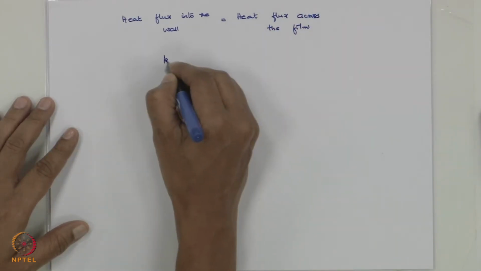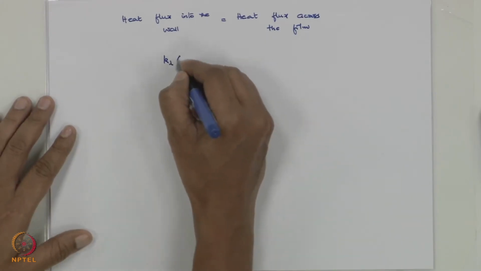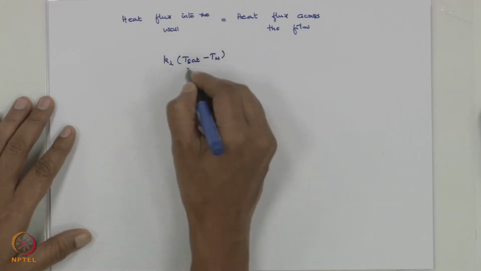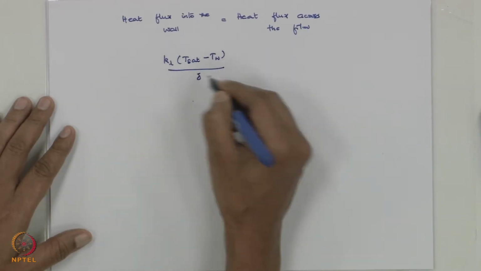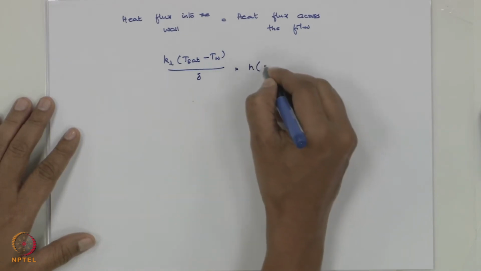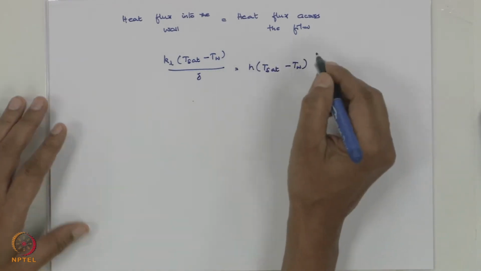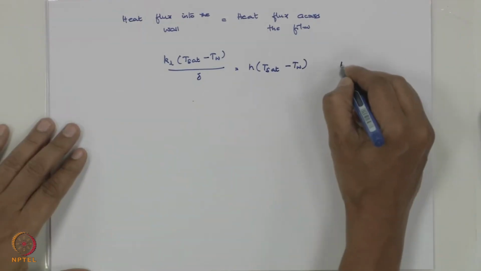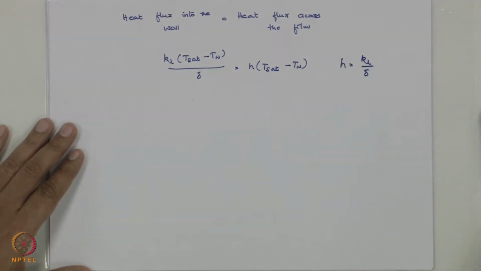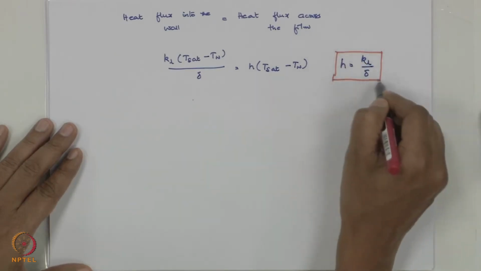So you have K L into (T sat minus T wall) upon delta is equal to h into (T sat minus T wall). This is going to fetch me that h is equal to K L by delta, because T sat minus T wall gets cancelled out on both sides.